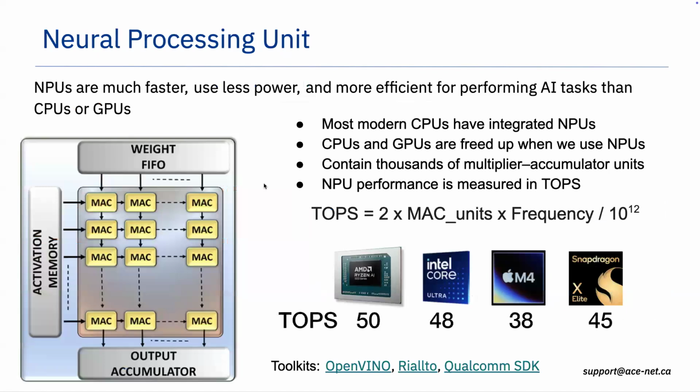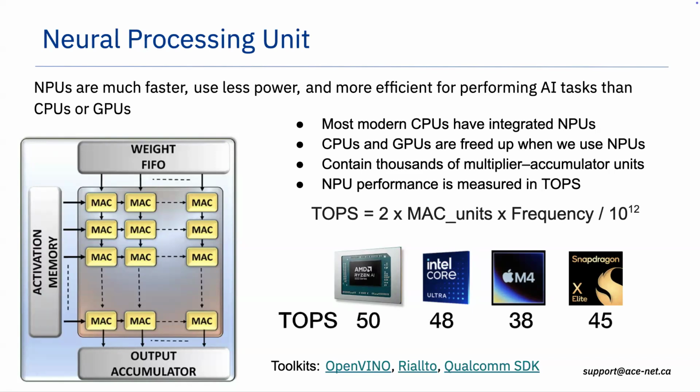And as we enter the era of artificial intelligence, computers are being increasingly equipped with neural processing units. Integration of neural processing units into CPUs is nowadays becoming a standard practice. So let's take a look at what neural processing units are and how their performance is measured.